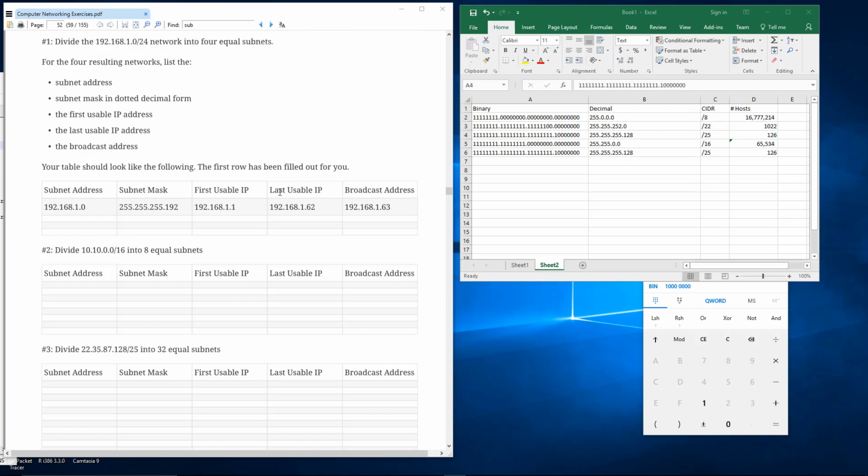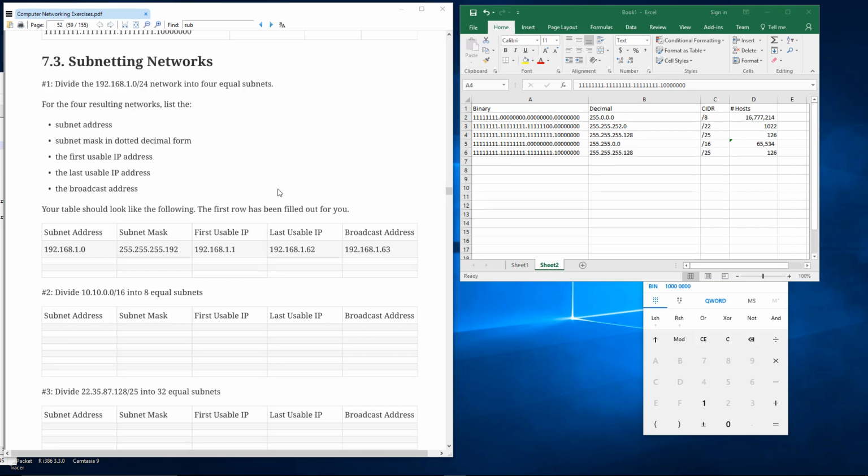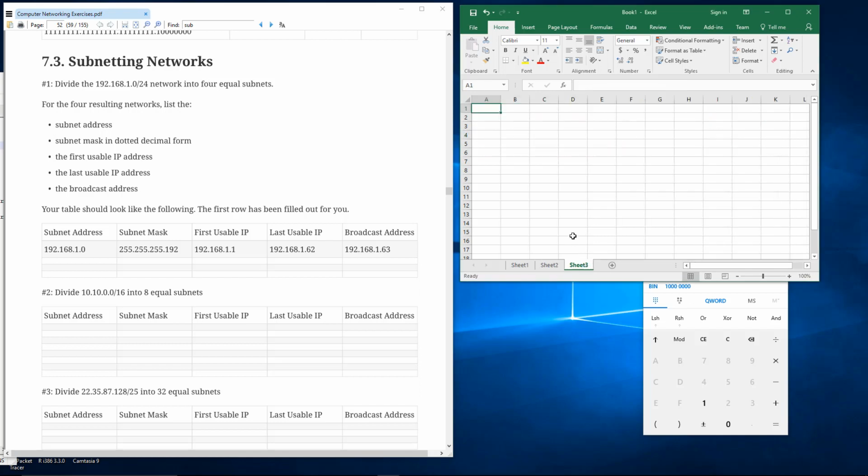So let's talk about actually subnetting an existing network, where let's say we've got the 192.168.1.0/24 network.